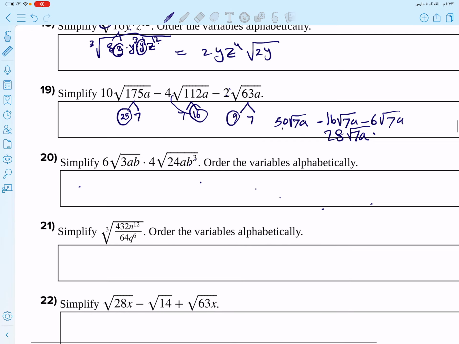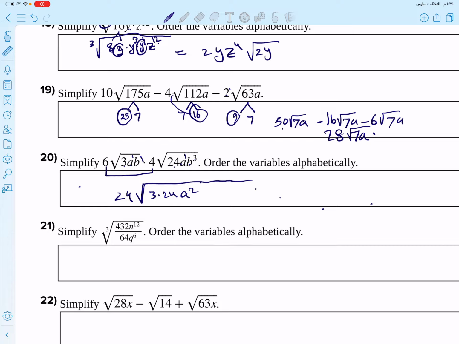Next question, I have 2 square roots multiplied, so I need to multiply the coefficients first. 6 times 4, 24. Okay, now I have a square root, because I can write 1 square root in this, and multiply 3 times 24. A to the power 1 and a to the power 1, a to the power 2.